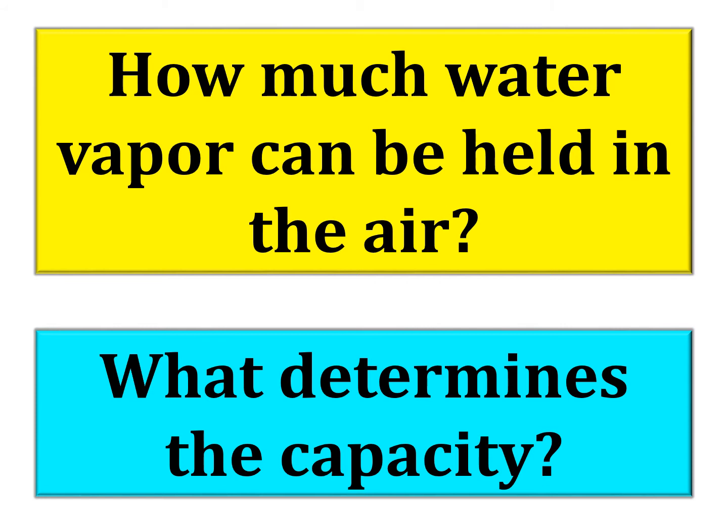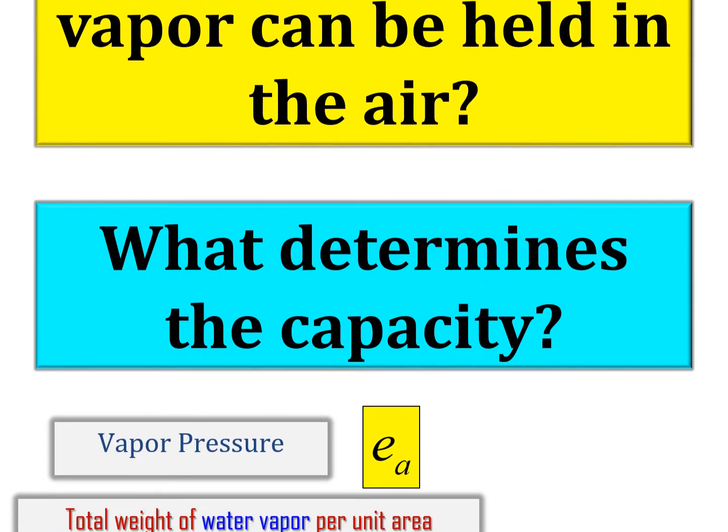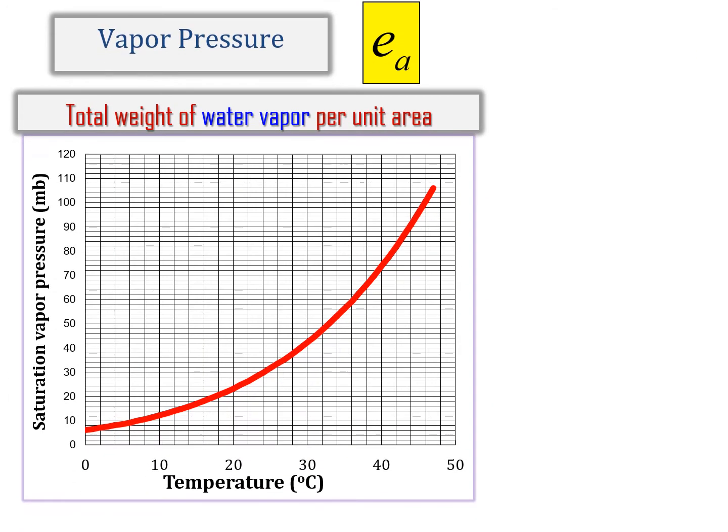What determines this capacity? That's a big question. Vapor pressure. We want to learn vapor pressure. What is vapor pressure? Total weight of water vapor per unit of air. How much water vapor is in the air?